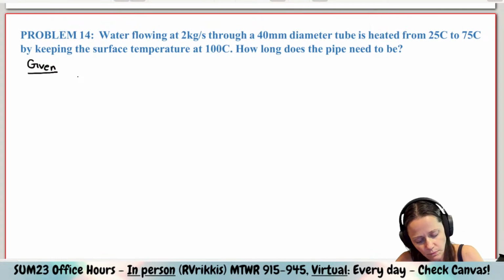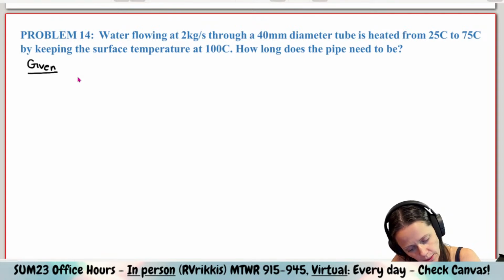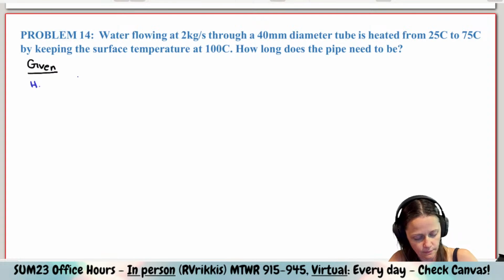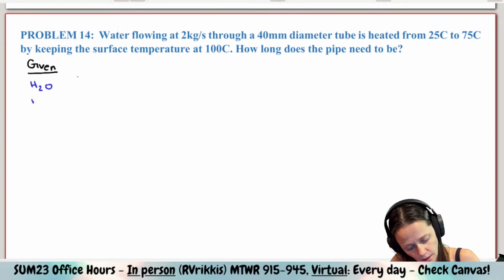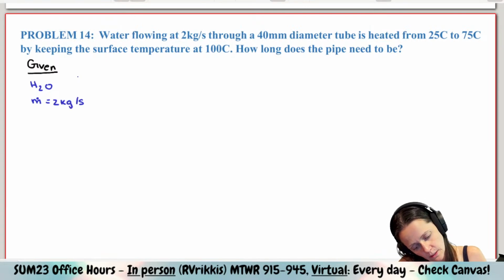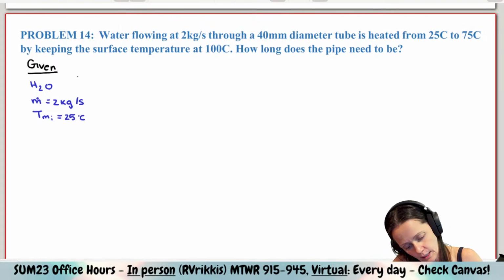So we have water with a mass flow rate of 2 kilograms per second, T mean in of 25 degrees Celsius, and all this is going into the tube.